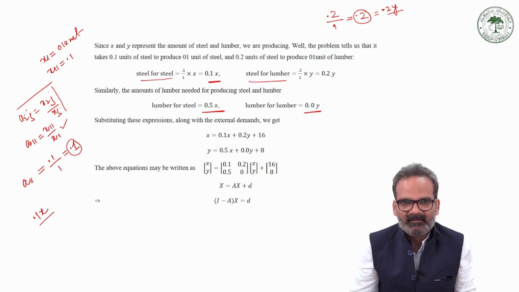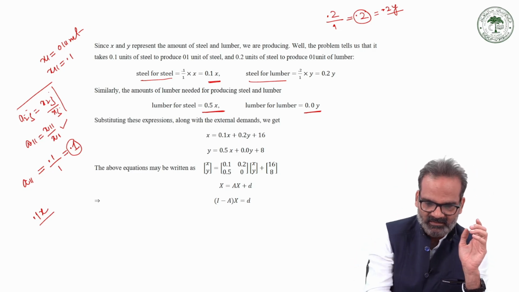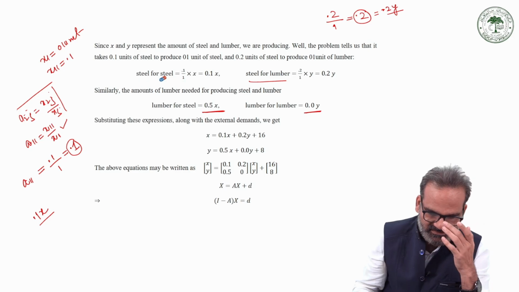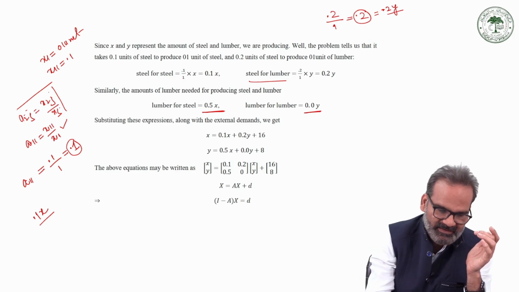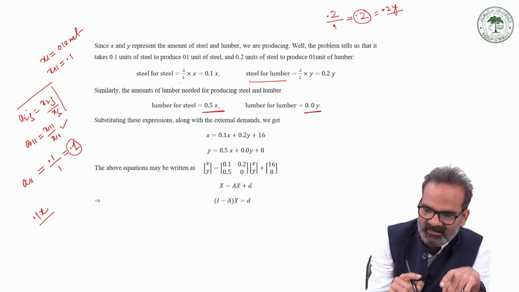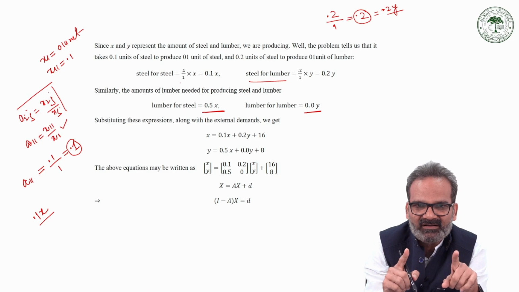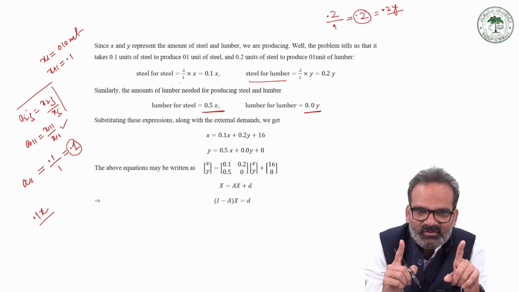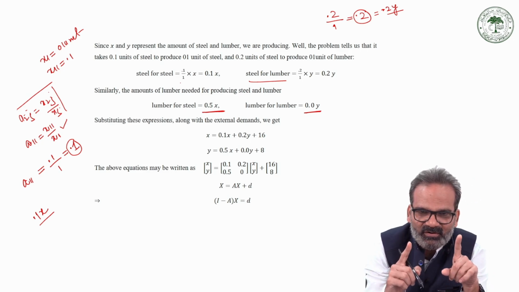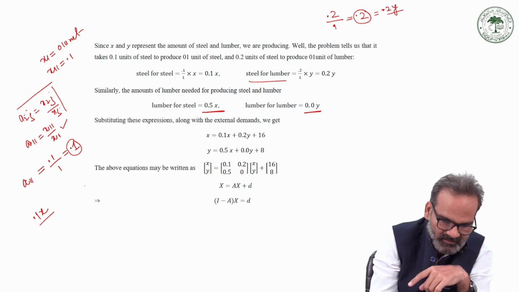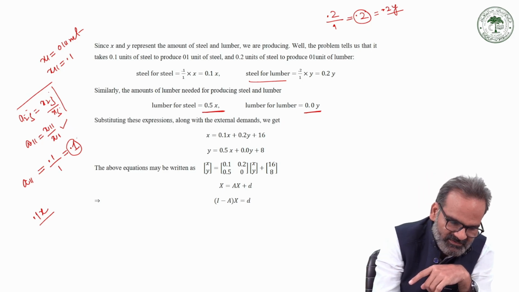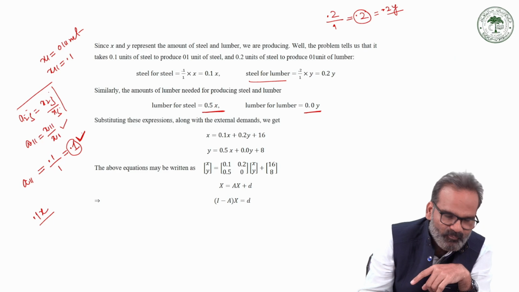Let me explain once more for your understanding. What is given here? 0.1 upon 1, A11 is 0.1, x1 is 1. 0.1 unit of steel is required to produce 1 unit. So 1 unit of steel will need 0.1 divided by 1, which is 0.1.